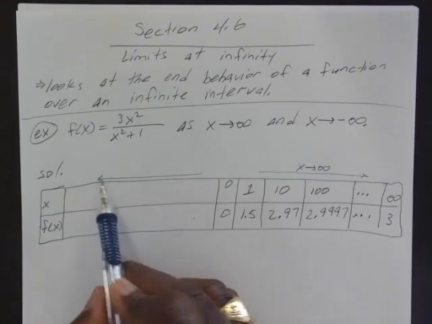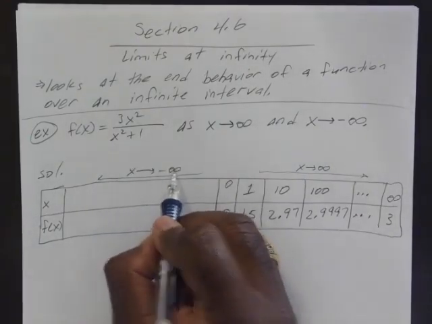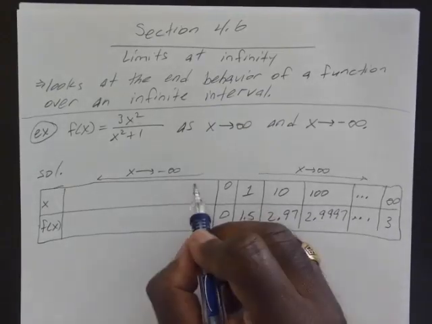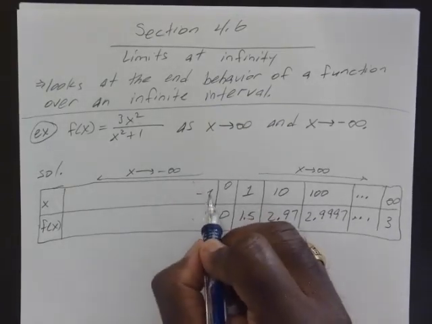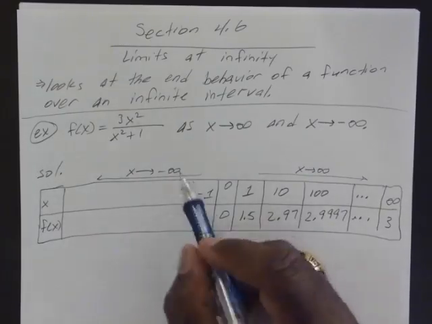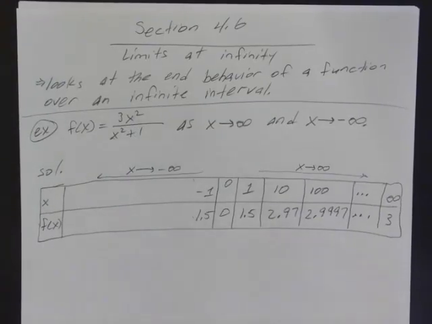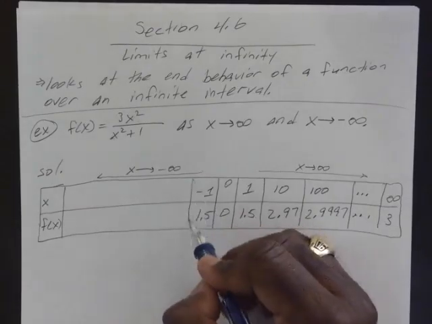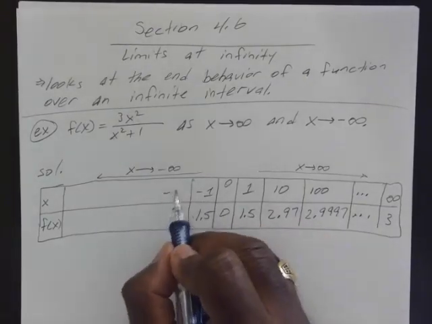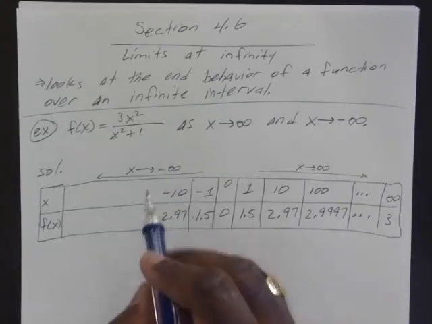Now, if we went the other way and approached negative infinity, again, if we plugged in -1, we'd end up with positive 1.5 because the squares just make them positive. If we plugged in -10, we'd still end up at positive 2.97.